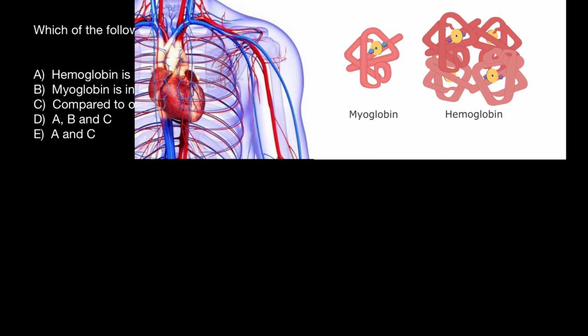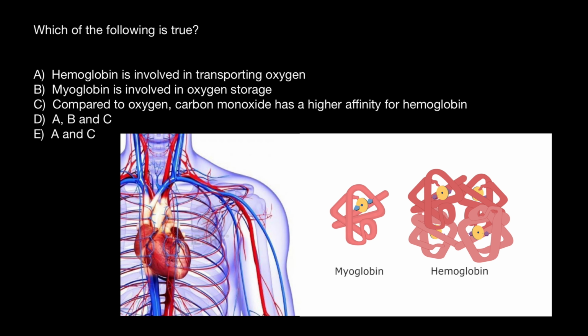Take a look at this picture, and here you see myoglobin and hemoglobin. Hemoglobin consists of 4 subunits, 2 alpha and 2 beta, and myoglobin consists of only one polypeptide chain, which has very high homology to one subunit in hemoglobin.